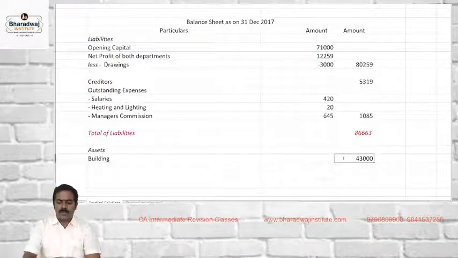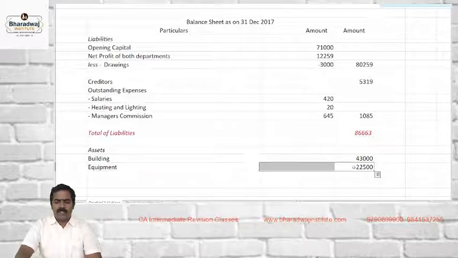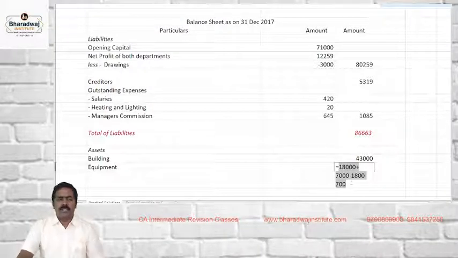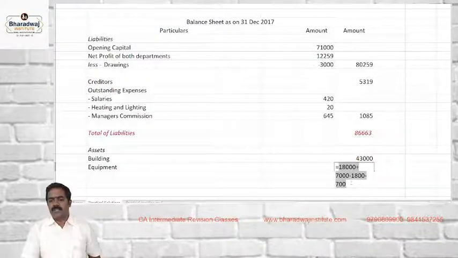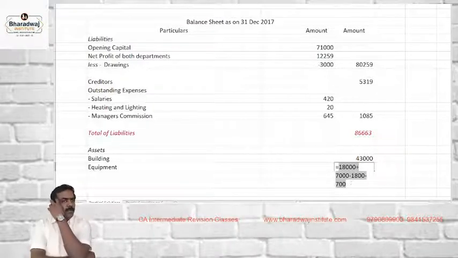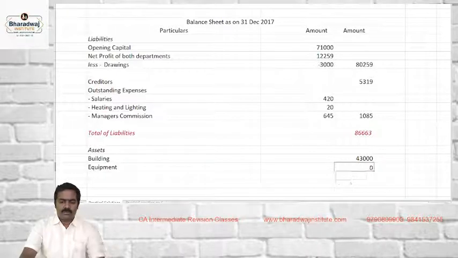Building, I hope there is no depreciation. You can record it as it is. Equipment, there is a depreciation. Add both minus depreciation. Equipment 18,000 plus 7,000 minus 10% depreciation. Equipment, computers and printers 18,000 plus 7,000 minus full depreciation for both.